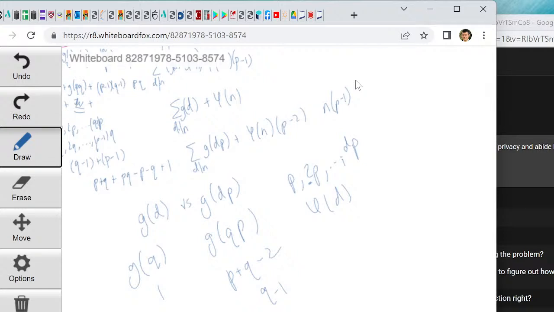Kind of like phi of D P on Q, as Q runs through all the primes that divide D.